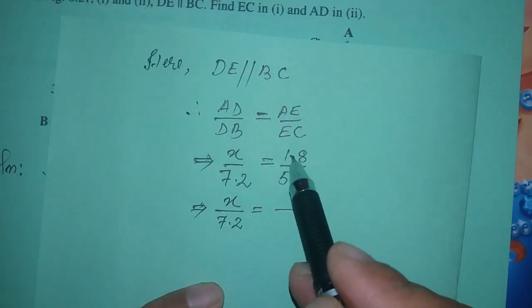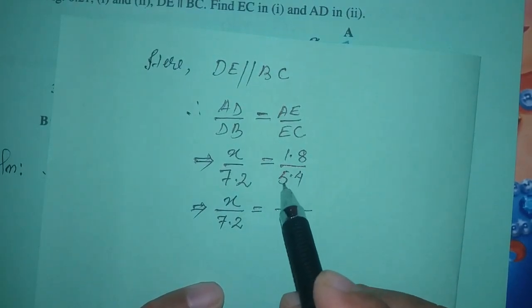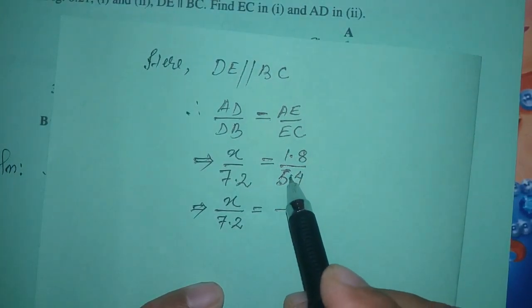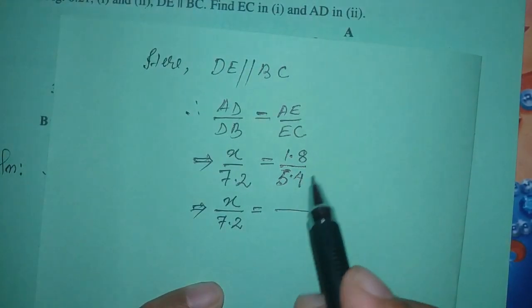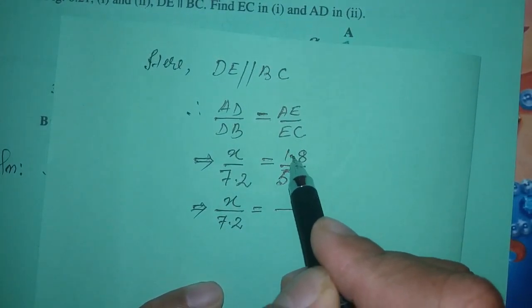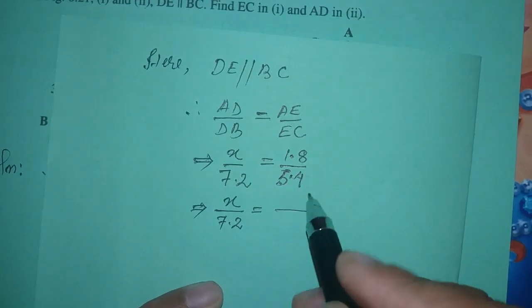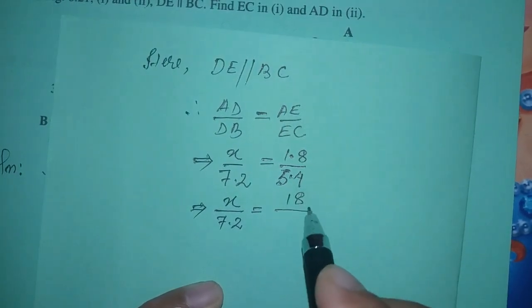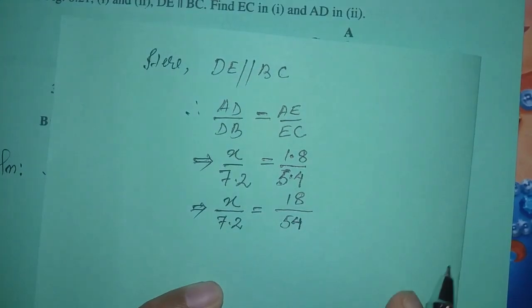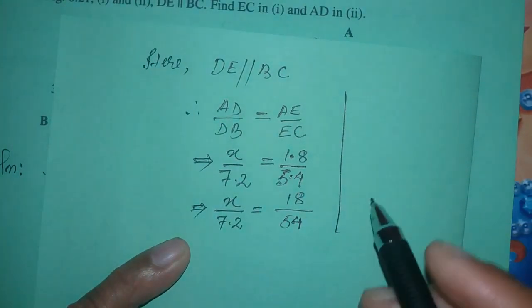Now here 1.8 divided by 5.4. After this point there is one digit, and after this point there is one digit. So in division, when there is the same number of digits after the decimal point, we can remove the point. So we will get 18 by 54.